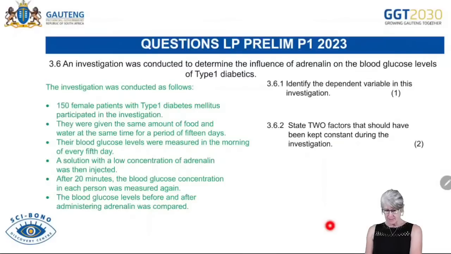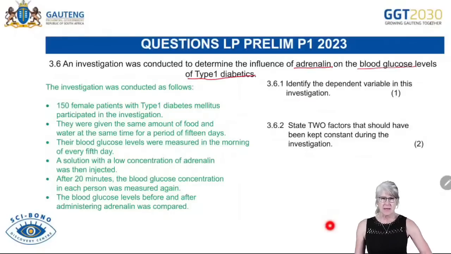But in this one, they say an investigation was conducted to determine the influence of adrenaline on blood glucose levels of type 1 diabetics. Okay, so we know when somebody is diabetic, they do not produce enough insulin. So they have to take in insulin to regulate their blood glucose levels.